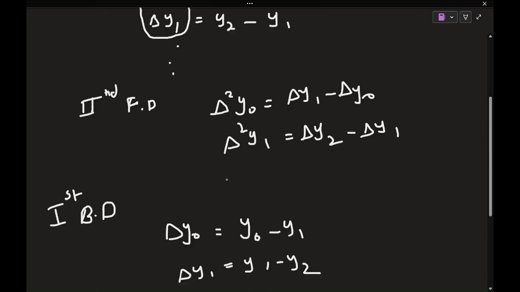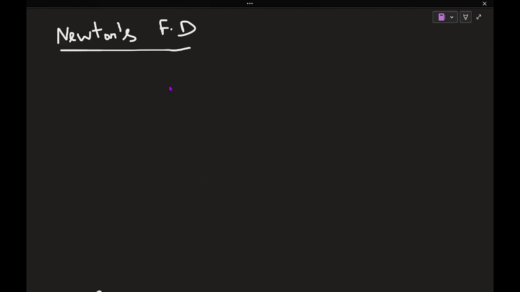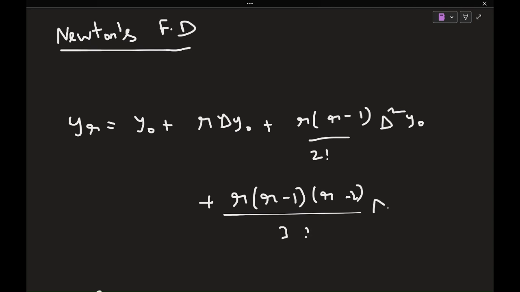So this is the basics which you need to know for Newton's forward and backward difference formula. Newton's forward difference formula is basically yr is given by y naught plus r into delta y naught plus r into r minus 1 upon 2 factorial into delta square y naught plus r into r minus 1 into r minus 2 upon 3 factorial into delta cube y naught and so on.